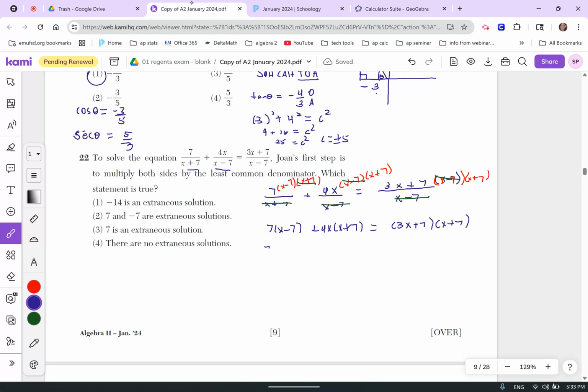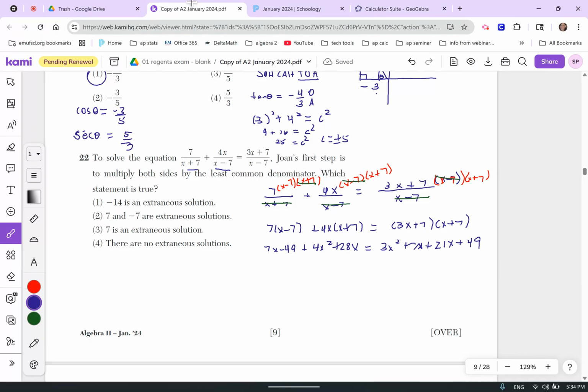Now I multiply out and I get 7x minus 49, plus 4x squared plus 28x, is equal to, and now I'm going to multiply that out, 3x squared plus 7x plus 21x plus 49.